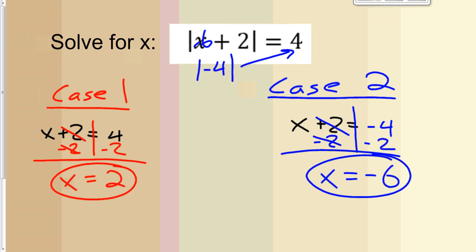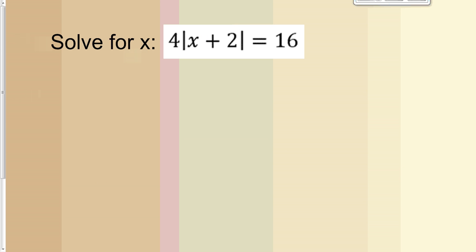You can kick it up one more notch. If you run into this particular problem, one thing I want to warn you about is you do not do a distributive property. You can only do the distributive property when you have parentheses. If it's an absolute value, we're going to go about this a little bit differently. The first thing we're going to do is divide by 4 on both sides.